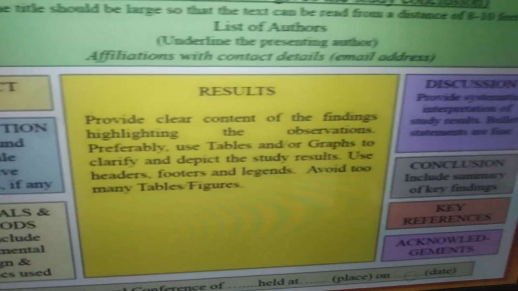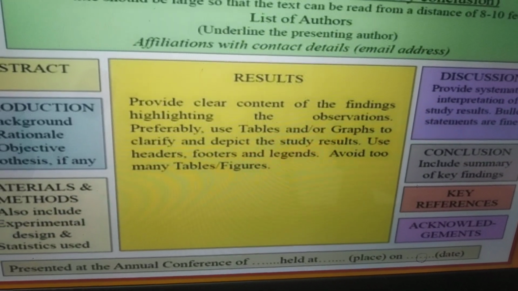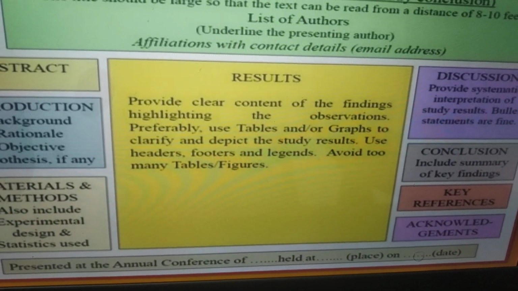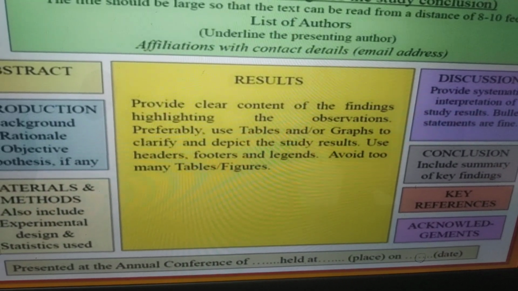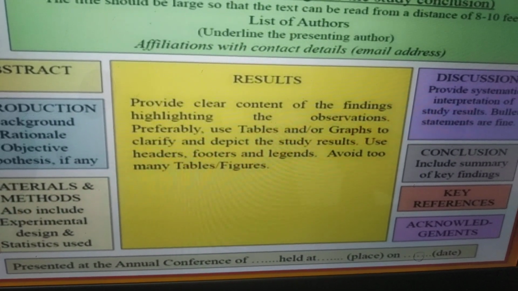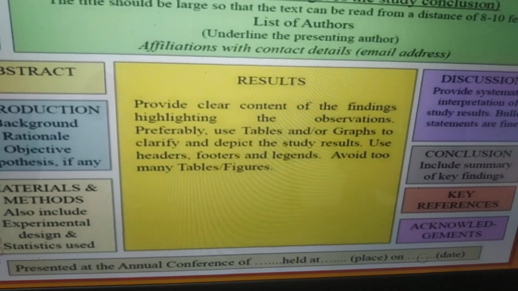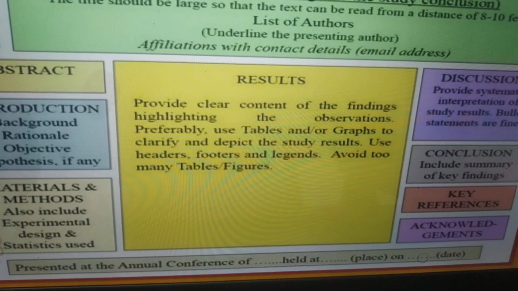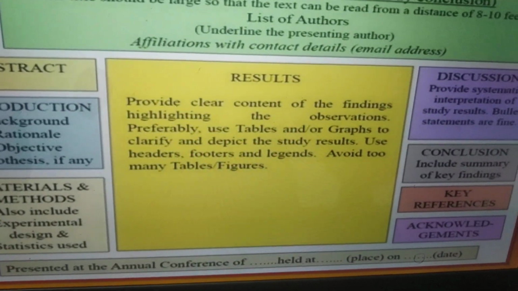Then results, provide clear content of the findings, highlighting the observations. Preferably use tables or graphs to clarify and depict the study results. Use headers, footers and legends. Avoid too many tables and figures, it will confuse the readers.